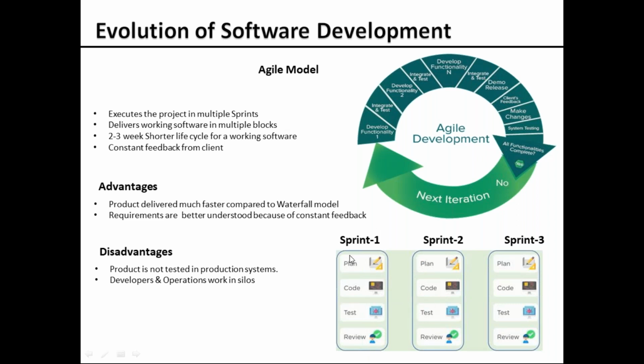That way the client is not waiting until the product is complete, and we give him bits and pieces of the software, which is working software. It's not that we show the client something that is not going to work. We give the client the working software.